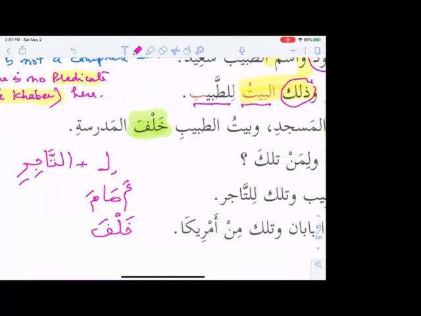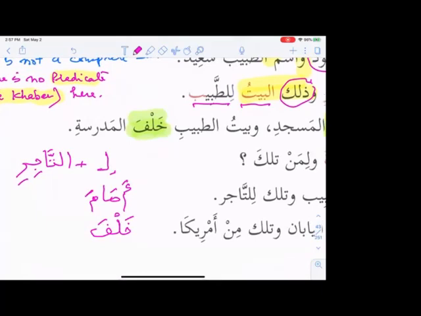Amama, khalfa, they both end with fatha, and that is the sign that this is a zarf. What is the English of zarf? Adverb. There are two kinds of adverbs, adverb of time and adverb of place. If the zarf indicates time, then it is an adverb of time. If it indicates a place, then that adverb is of place.